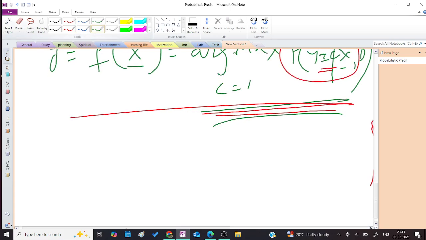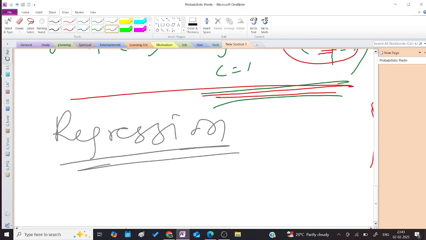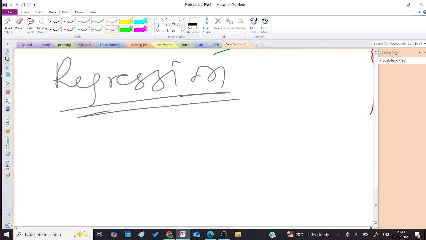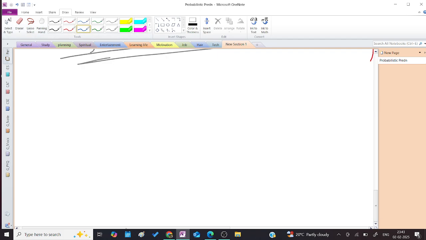Now let's move to the next topic, that is regression. See, I am just introducing these topics and I will go more in depth in later classes. This is just for introduction so that you have a basic idea of what is actually happening.